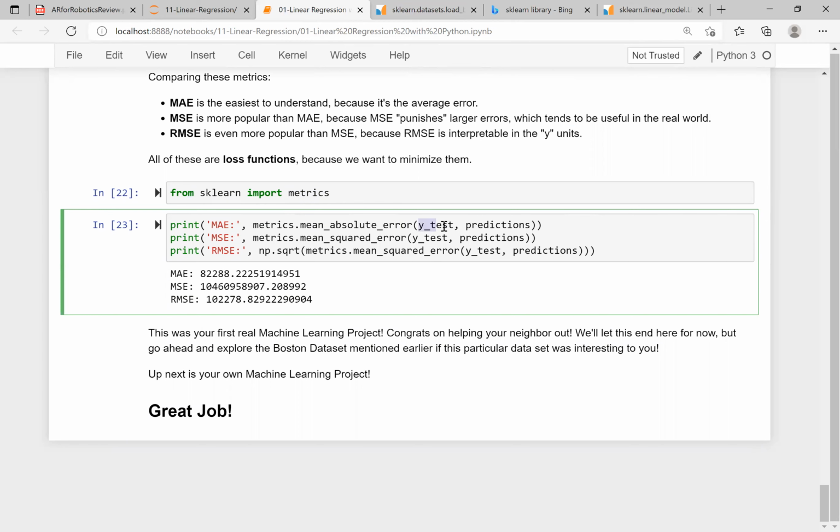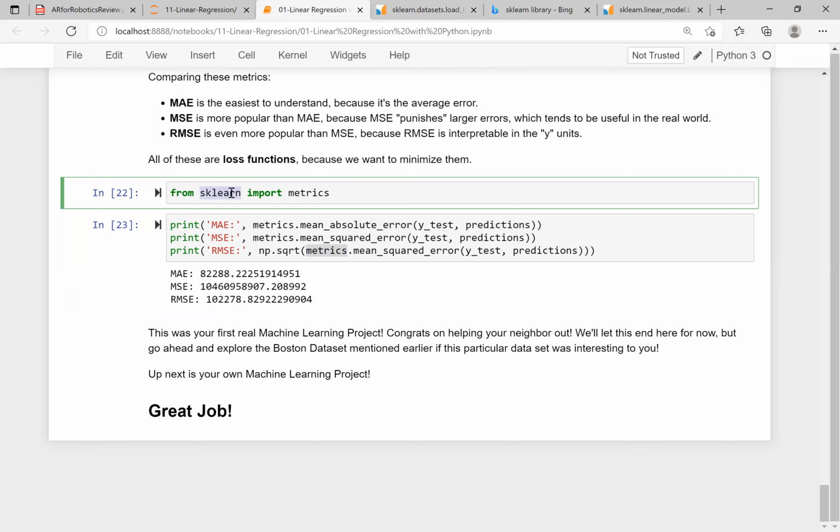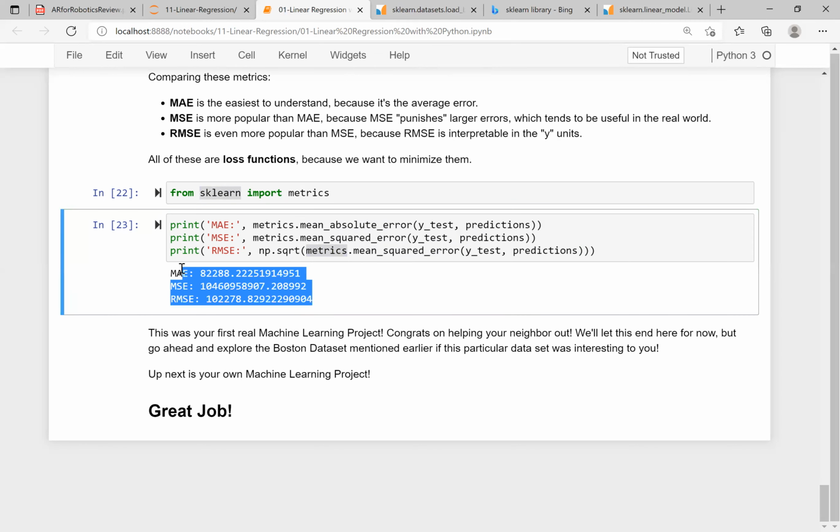I'm just providing it the values and asking it to give me the mean absolute error, and the mean squared error, right? And the RMSE will be np.sqrt of the mean squared error. All these errors come as methods defined inside the metrics module of the sklearn library, right? So I can print my result like this.